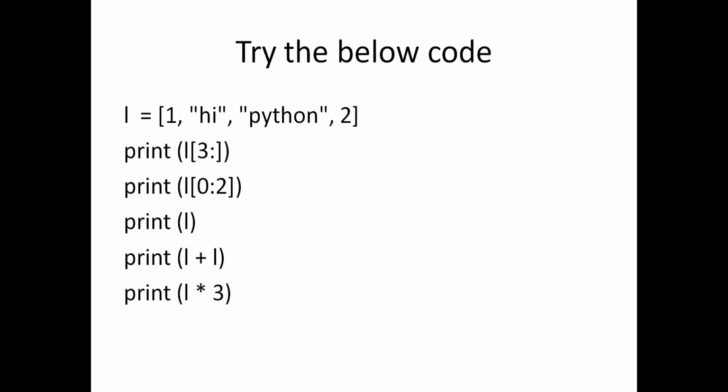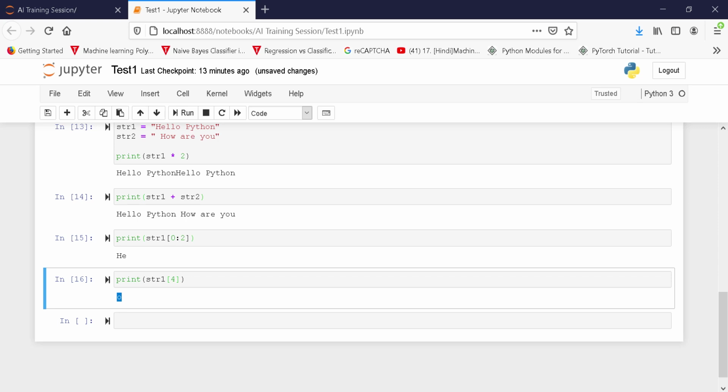Now we'll try this example in our code. Let's see how it will work. We'll get back to Jupyter Notebook and let's try this code. L is equal to a list. Now we take square brackets: 1, comma, hi, comma, python, comma, 2.